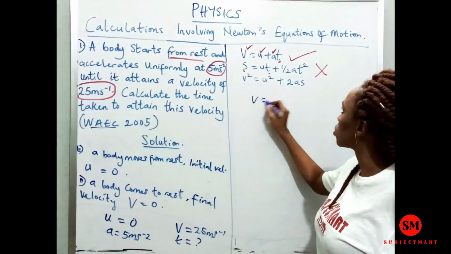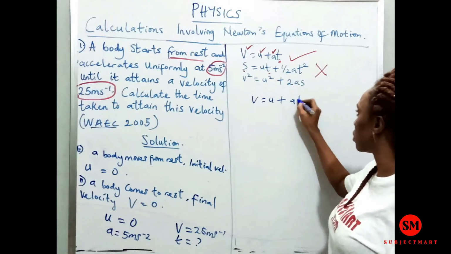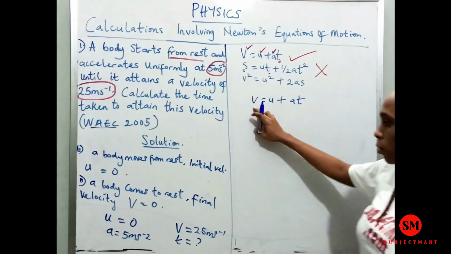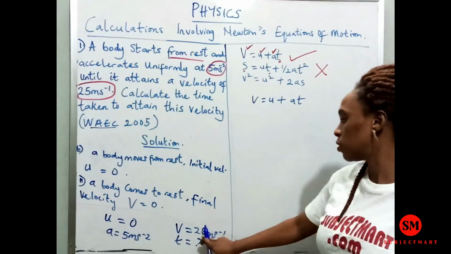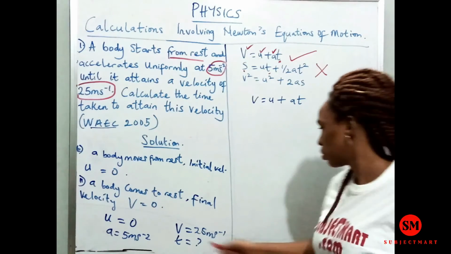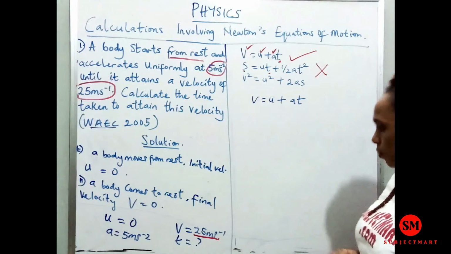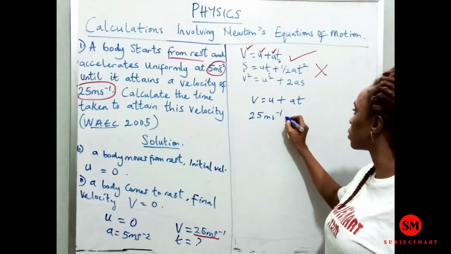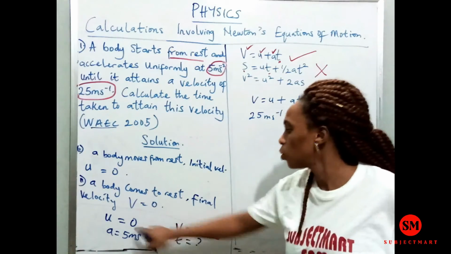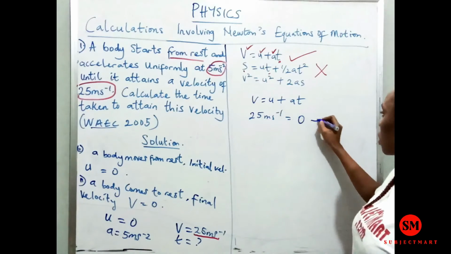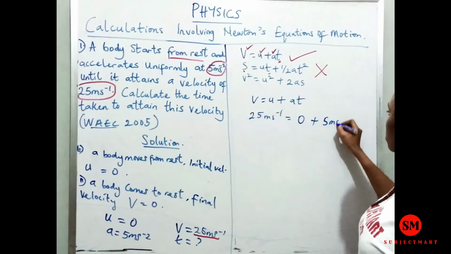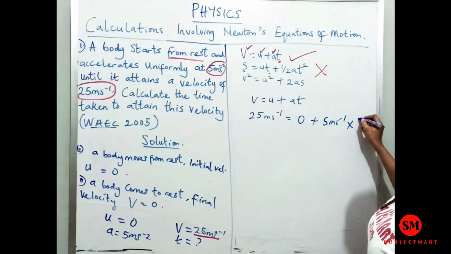So we have v equals to u plus at. This is the equation that we'll be applying. Our v is 25 meters per second, which is 25 meters per second equals to u. Our u is 0. Our a is 5 meters per second squared times t.